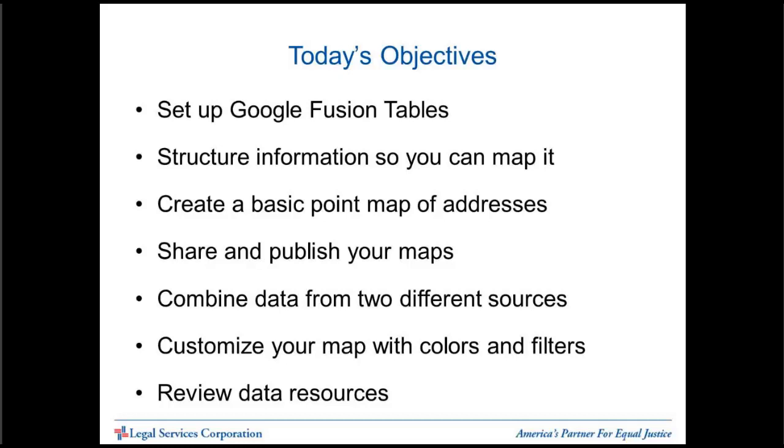That's going to be a recurring theme today. We're going to create a basic map of addresses, and we're going to share and publish the map. Then we're going to combine data from two different sources, and we're going to customize the map with colors and filters. And at the end, we're going to have a quick discussion about some starting points to get data for you to map.